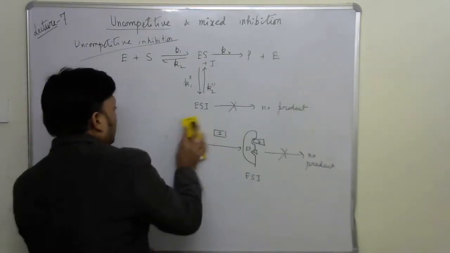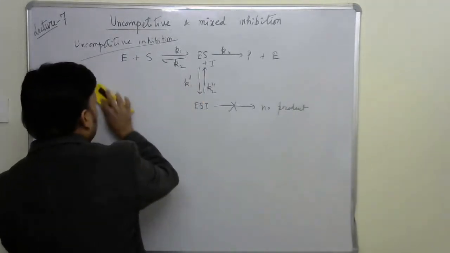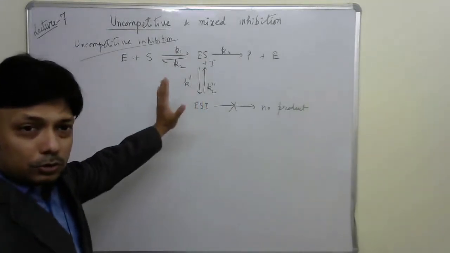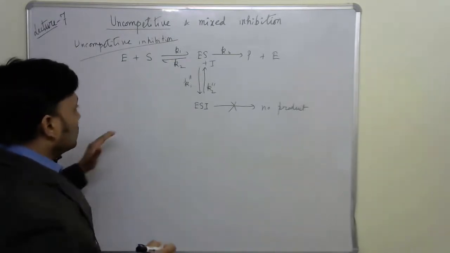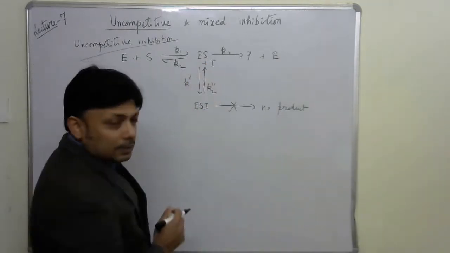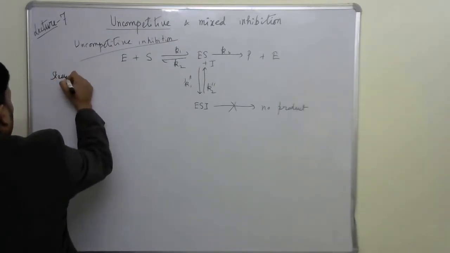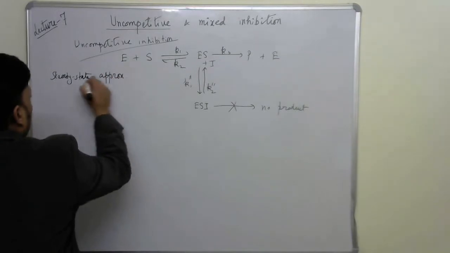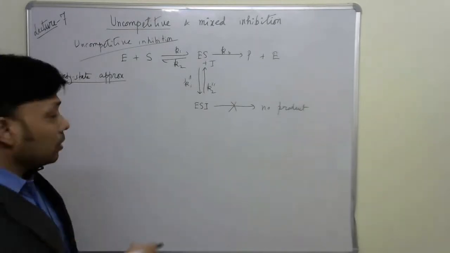If you have understood how the steady state approximation was applied in the earlier case, you would be able to do it similarly here. I can give you a couple of hints: here we have two species now, ES and ESI, so we have to apply the steady state approximation for both intermediates. Remember, ESI is also an intermediate and ES is also an intermediate.